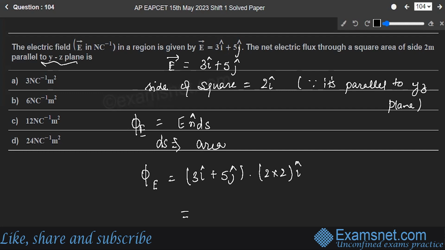So this makes it 3 into 4 plus 5 into 0, that is equal to 12 Newton meter square per coulomb. So the answer to the question is option C. Hope you got that.